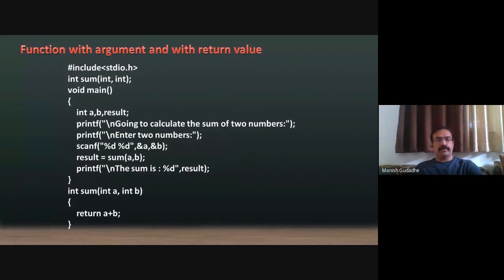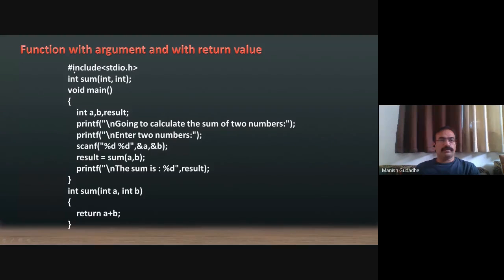The last thing which we'll see is the function with argument and with a return value. This is the last example for the basic functions we are taking. Now we are trying to define a function which will take parameters and will return something.